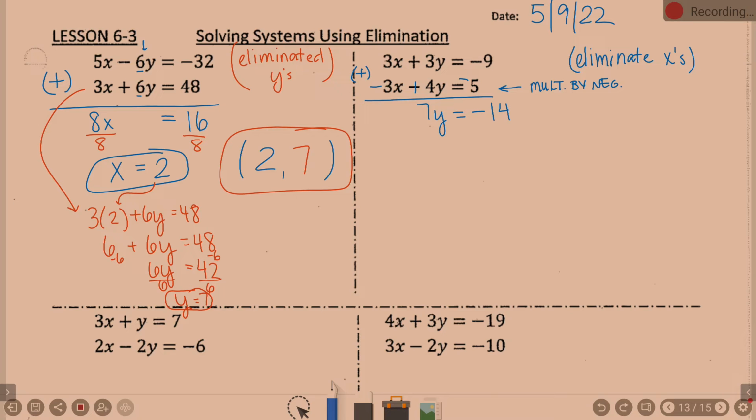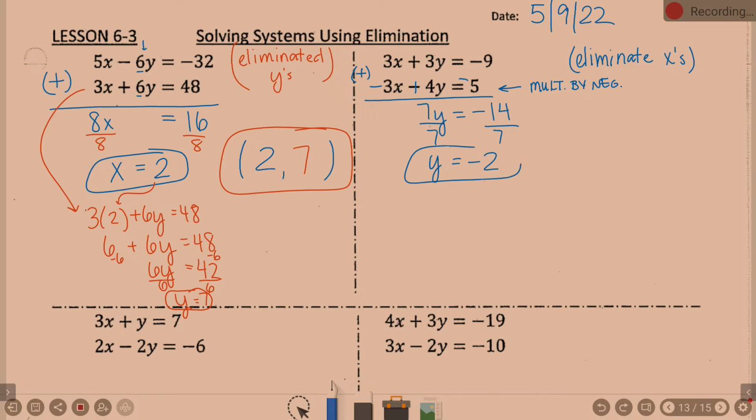Okay, you don't need me on the next step. You just divide by 7. And the 7 and 7 cross out with y equals. 14 divided by 7 is 2, and negative divided by a positive is a negative.